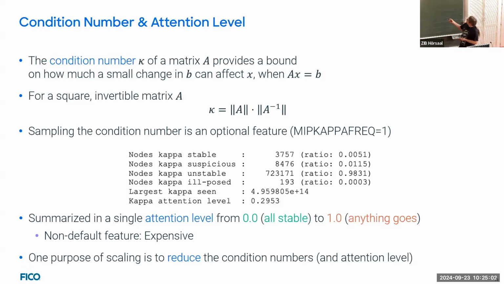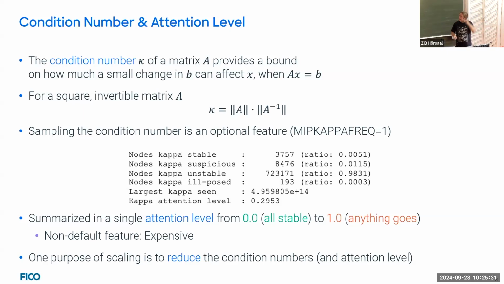So what one could do is compute the condition numbers of some selected or all of the LP optima that you saw, and then have first of all some statistics on where you classify each of those as either stable, suspicious, unstable, or ill-posed. This is completely heuristic. Well, not completely heuristic. There's actually some logic behind that.